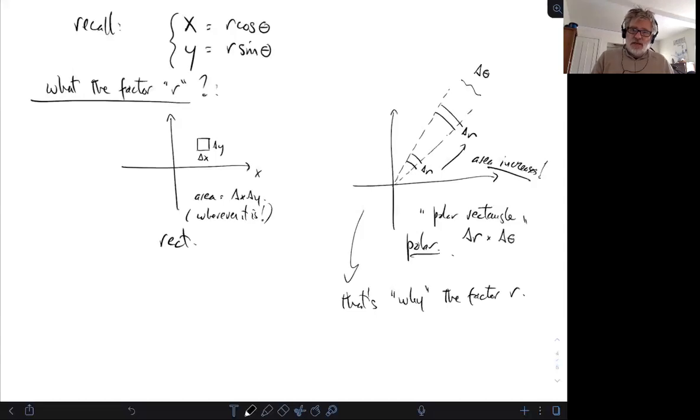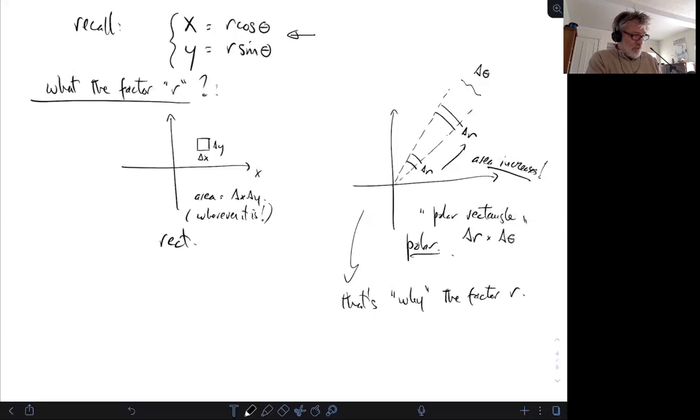Another way of seeing it has to do with this transformation of the plane. It's something called the Jacobian. It measures how your transformation changes areas.